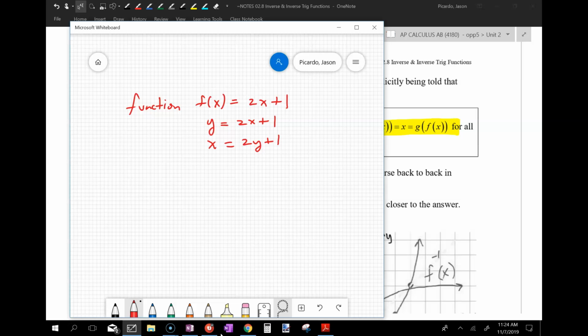If I solve for y, I get that. Divide by 2. And so the inverse would be x minus 1 over 2. Okay? Everybody agrees with that so far?